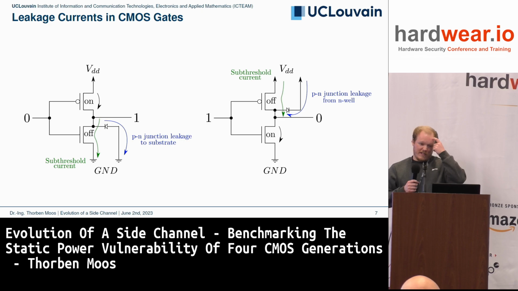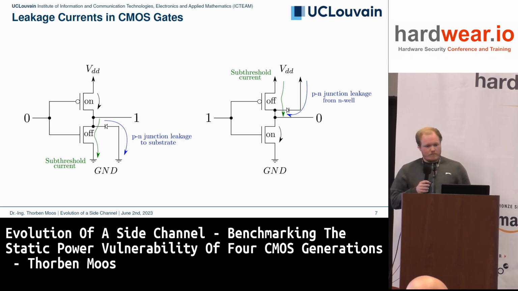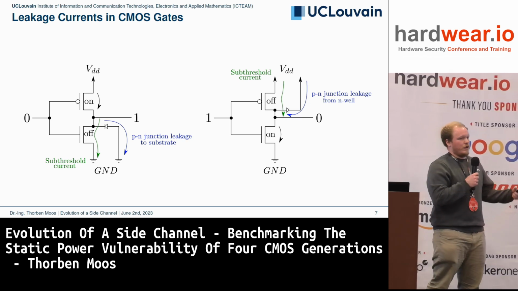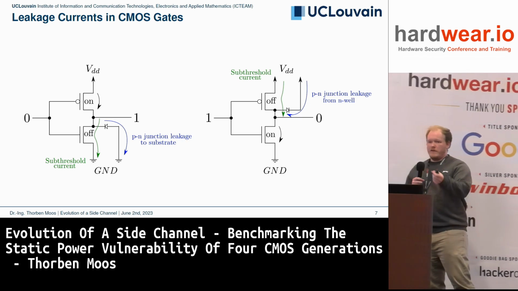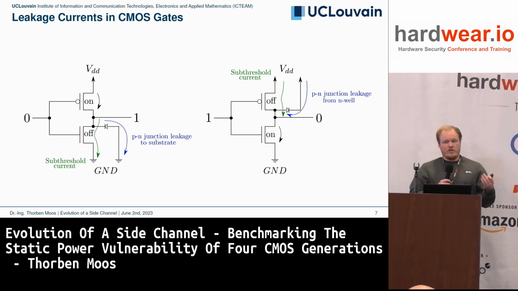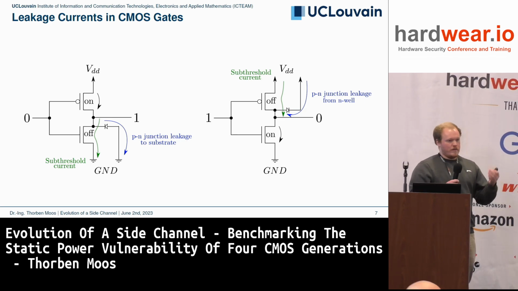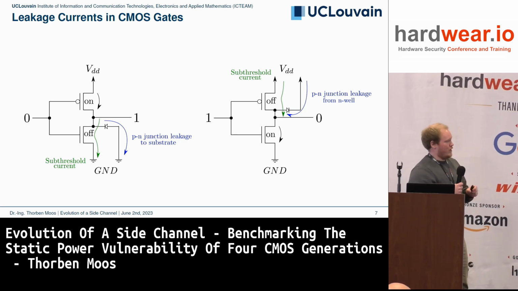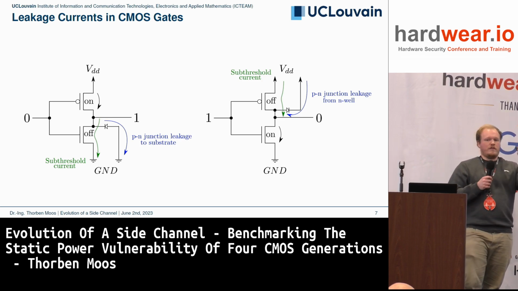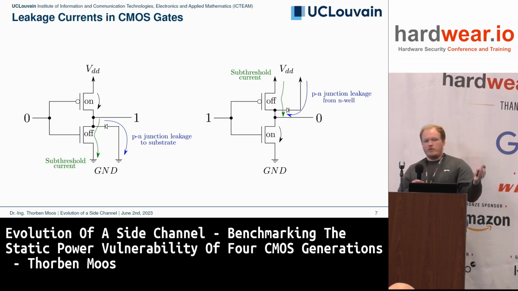Namely, we have leakage currents in CMOS gates, as depicted here. An off transistor is not completely off. It's not like a light switch that doesn't conduct anymore, but it conducts a little bit. So we have these subthreshold currents, because with current voltage levels in ICs, we cannot get beyond that. Physics tells us that. We always have the subthreshold current, because if I'm below the threshold voltage, the conductance doesn't go to zero immediately.